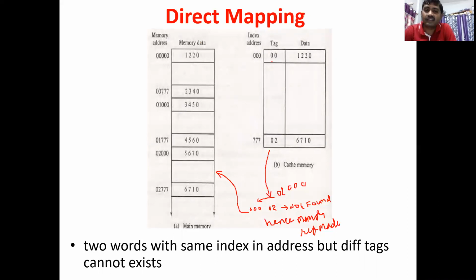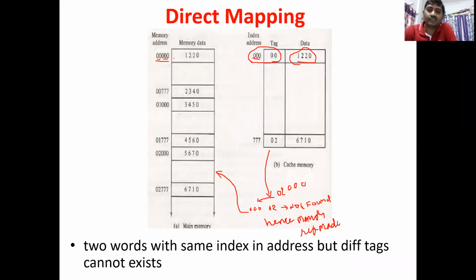So here how it will be done is, the direct mapping will be in this way, that a tag is assigned for everything and the data will be stored in this way, right? Each data is assigned with a tag and the index address. For example, let us see 00000, all zeros, so the data will be here. The first two will be the tag and the next three will be the index.